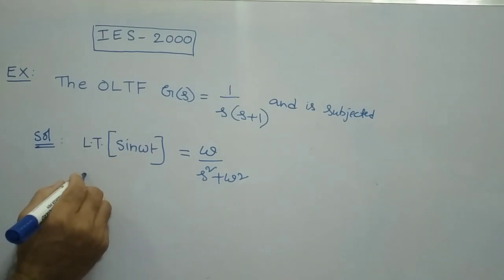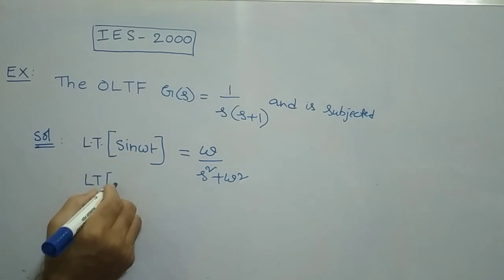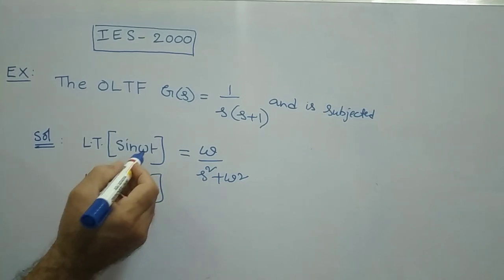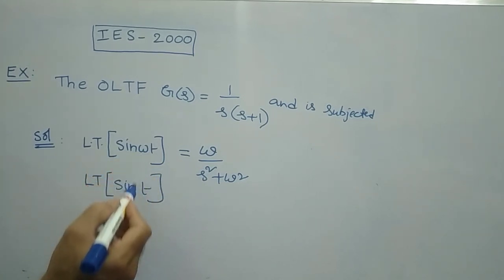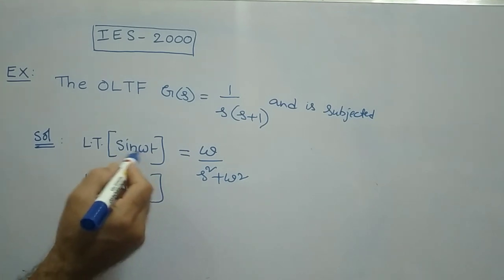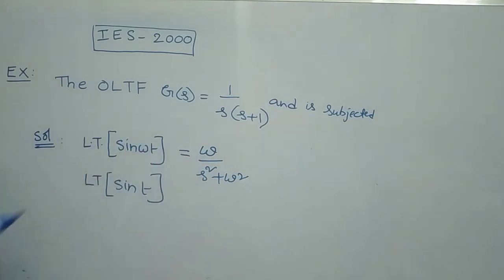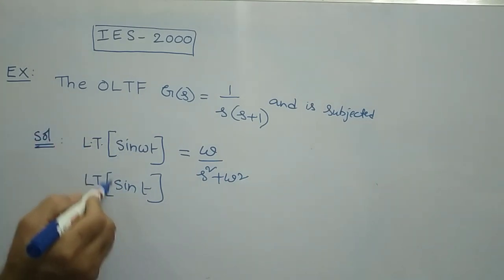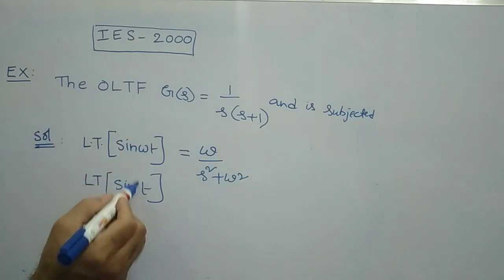But in the given problem our function is sin t only. What is the omega value here? If you compare sin t with sin omega t, the standard form, here omega value is 1.